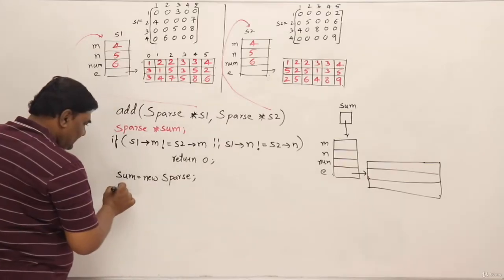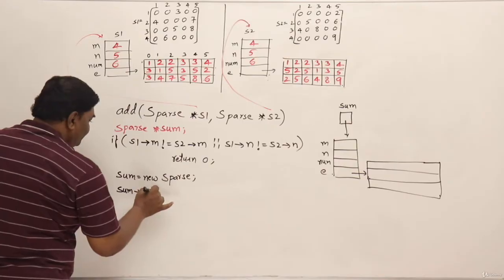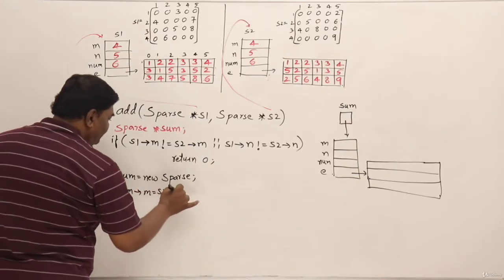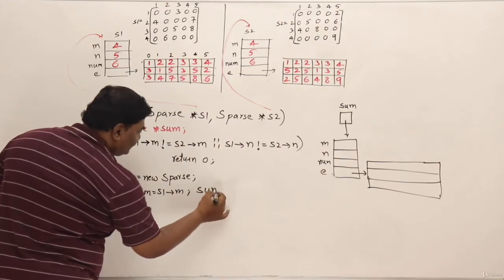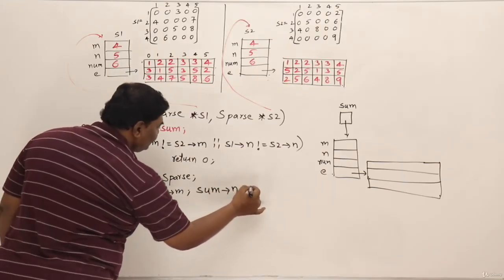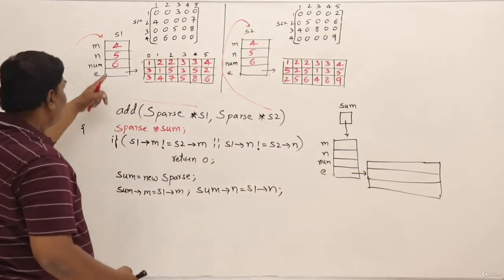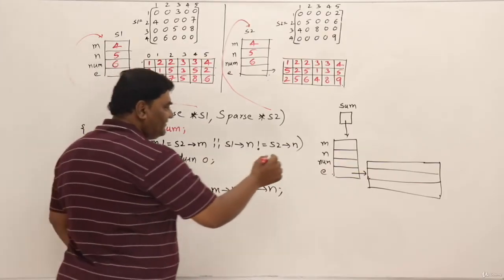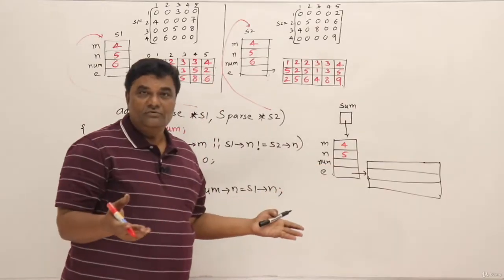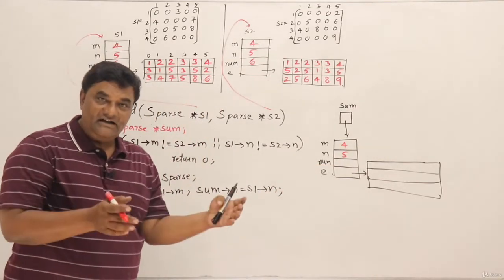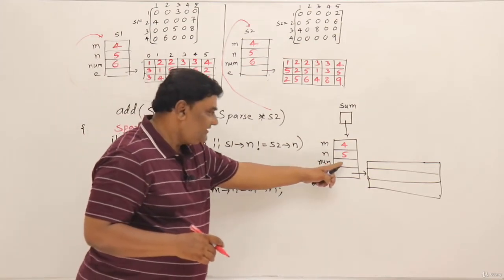So sum's number of rows m should be the same as S1's number of rows, and in the same line, sum's number of columns should be the same as S1's number of columns. So this 4 and 5 I can copy here. Then how many elements? I don't know. Once I have finished adding, then I'll know how many elements there are. So this I cannot fill up.